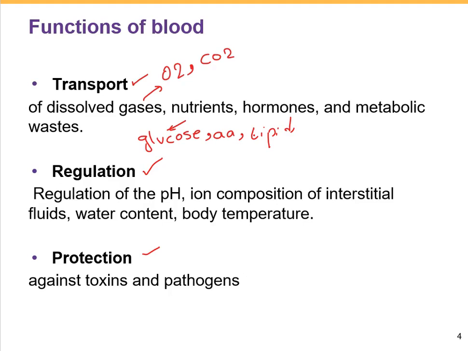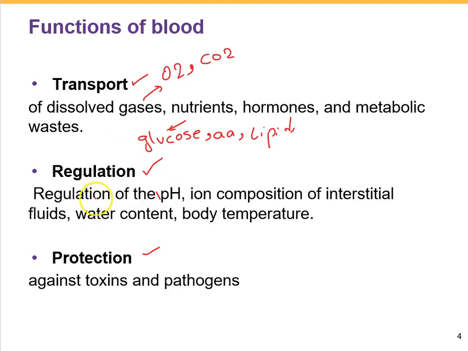Blood also helps maintain the balance of ions like sodium, potassium, and calcium in interstitial fluids, ensuring proper cellular function. Additionally, blood regulates body temperature by moving heat around and releasing it through our skin. So when we're too hot, it helps us cool down, and when we're too cold, it helps us warm up.